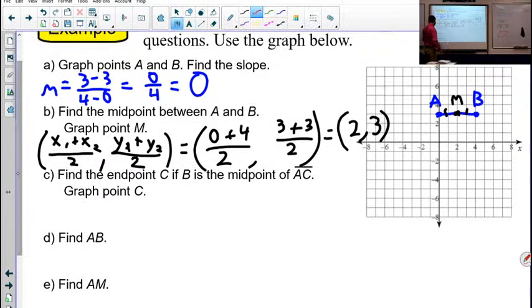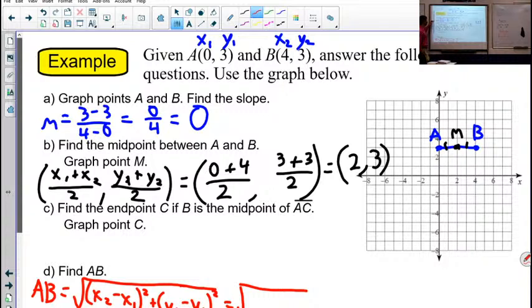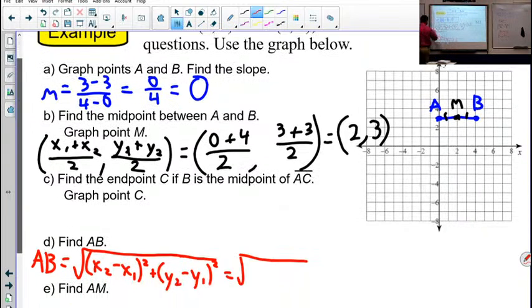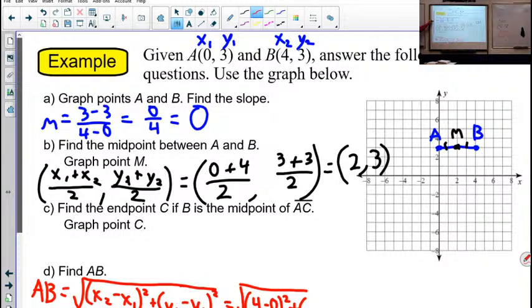So once again, we're going to write out our distance formula. Subtract your x's squared plus subtract your y's squared. My x coordinates here are 4 and 0, so we're going to subtract them. Four minus 0, quantity squared, plus subtract your y's and squared.